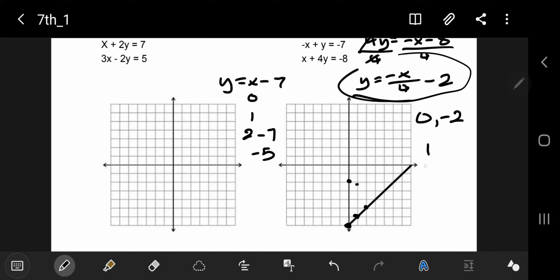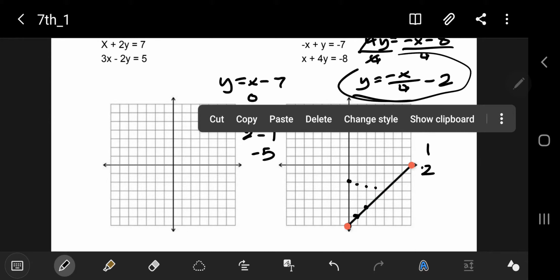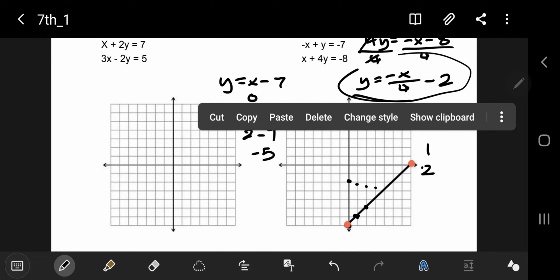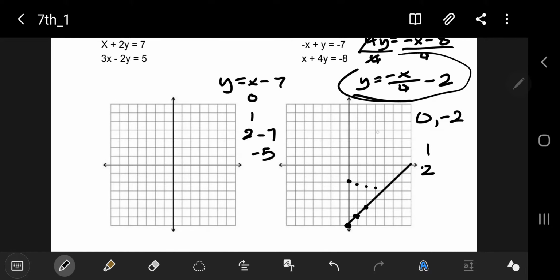Then let's say x was 2, it will be negative 2.5. And we can infer that it'll end up at 3. Sorry. It'll end up over here. Okay, so if we make a straight line, something like this, okay.